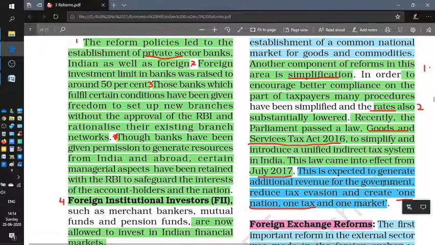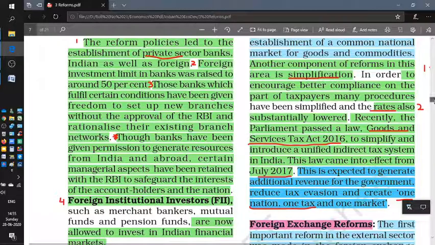By passing this law, it is expected to generate additional revenue for the government and reduce taxation and create, importantly, one nation, one tax, one market.